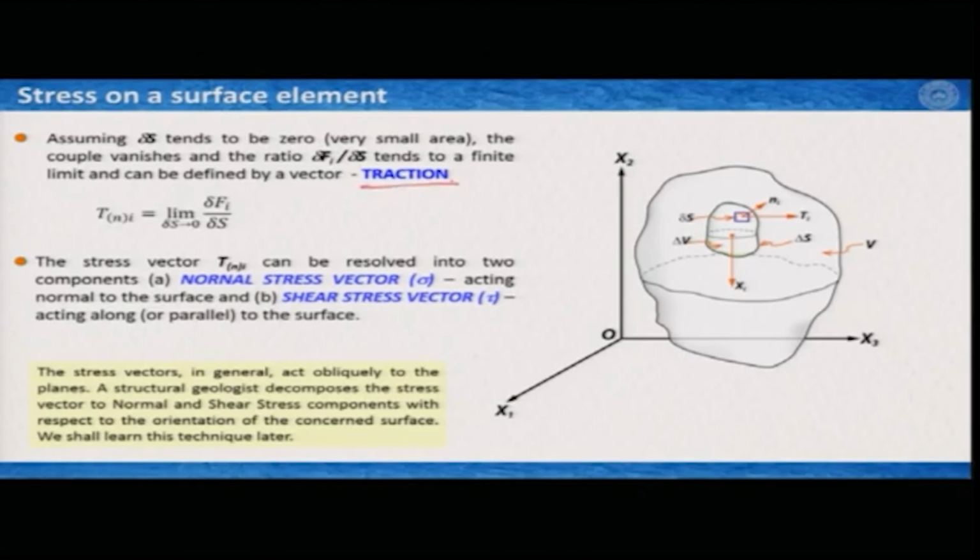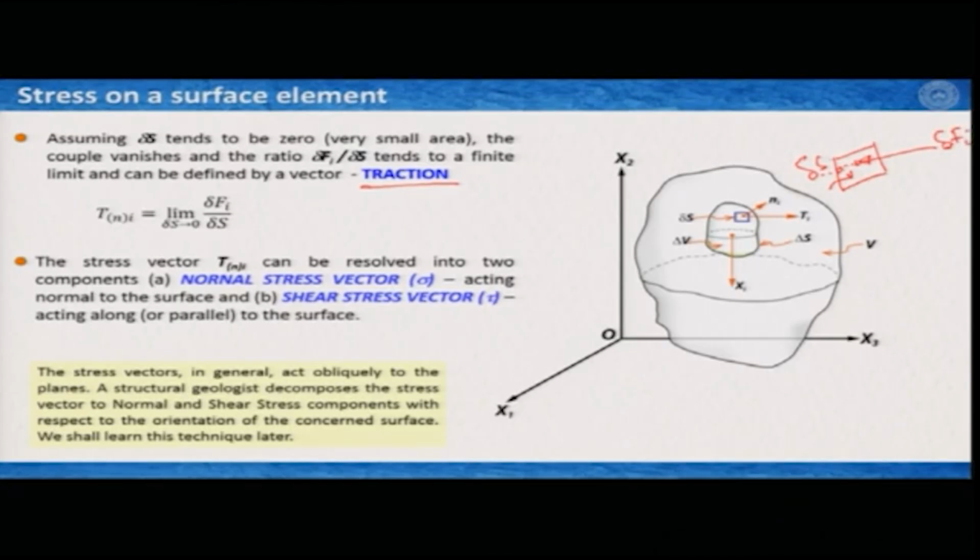Now, by doing this, that means I have a very small area, I am applying a force. So, we are getting an opposite force on this same point from the other side, and this is del S, this is del F i.